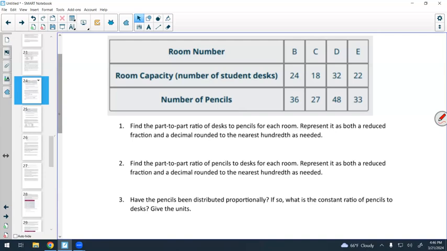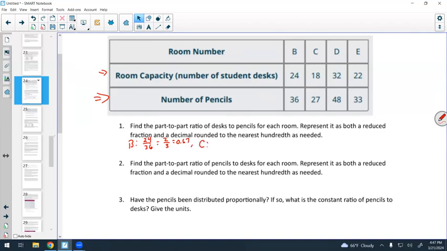The first, find the part-to-part ratio of desks to pencils for each room, represented as both a reduced fraction and a decimal rounded to the nearest hundredth as needed. So looking at B, we want desks to pencils. So B would be 24/36. Reducing the fraction would be 2/3, which is 0.67 roughly.